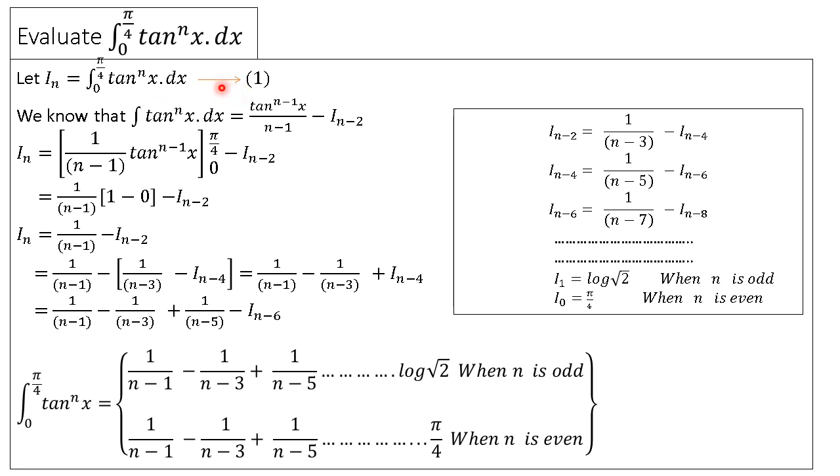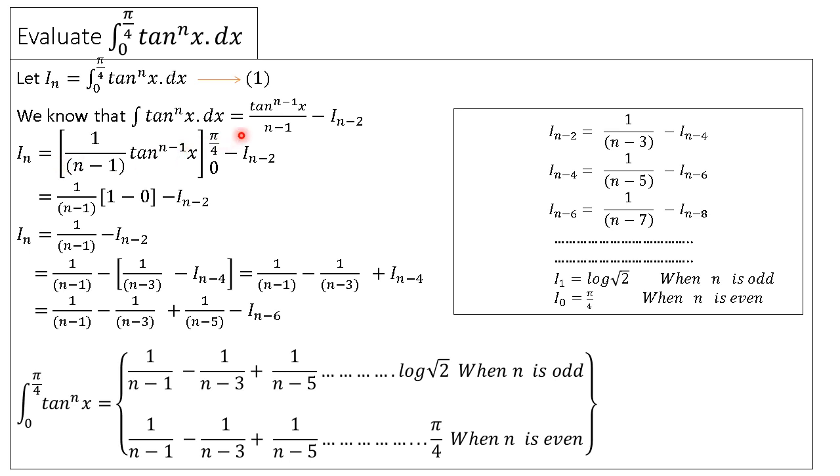We know the formula for integration of tan to the power n x into dx, which we have already proved. This is equal to tan to the power n minus 1 x divided by n minus 1 minus I_n minus 2. We have to use this formula, and here we just have to apply the limits 0 to pi by 4. That's all.